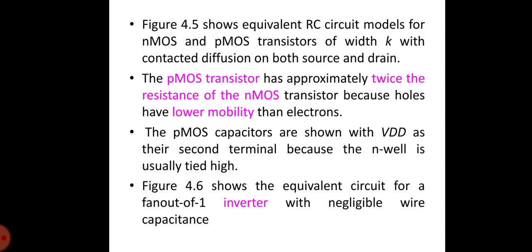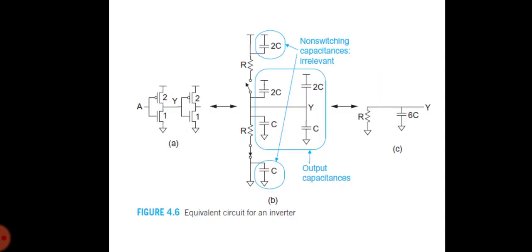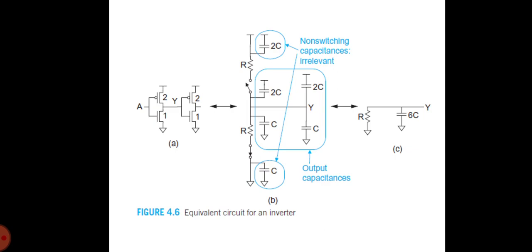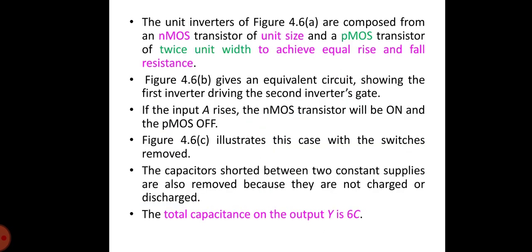And this diagram shows the equivalent circuit for a fan-out of one inverter with negligible wire resistance. This is the equivalent circuit of an inverter. The unit inverters in this diagram are composed of an NMOS transistor of unit size and a PMOS transistor of twice unit width to achieve equal rise and fall resistance. The second diagram, 4.6b, gives an equivalent circuit showing the first inverter driving the second inverter's gate.